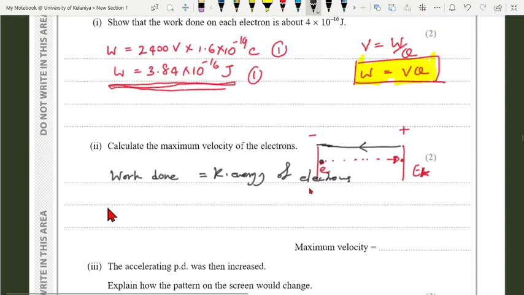So what we can do, here we know what our work done is, and we all know the EK is equal to half mv square, right?